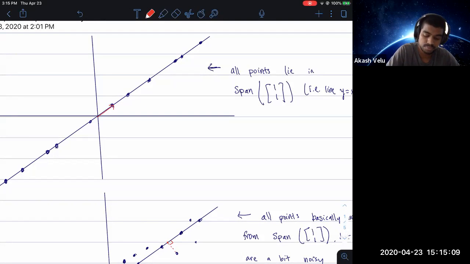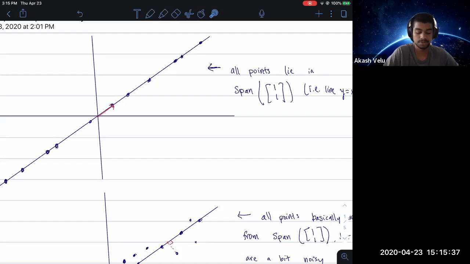Then this point right here we could equivalently call 1, because it's just 1 times the vector 1, 1. Whereas this point we might say is 2, because we scale this vector by 2 to get to that point. And perhaps this number would be -3, because we have to flip the 1, 1 vector and then scale by 3 to get to this point.